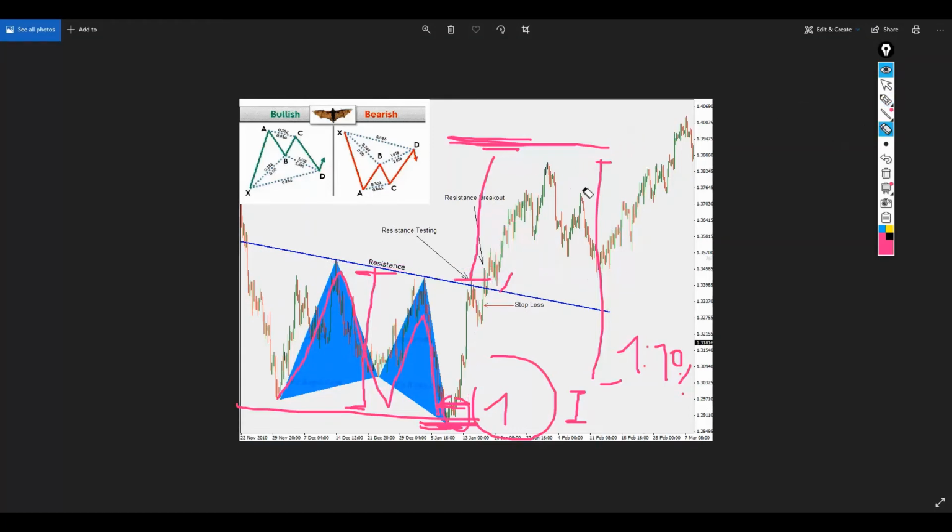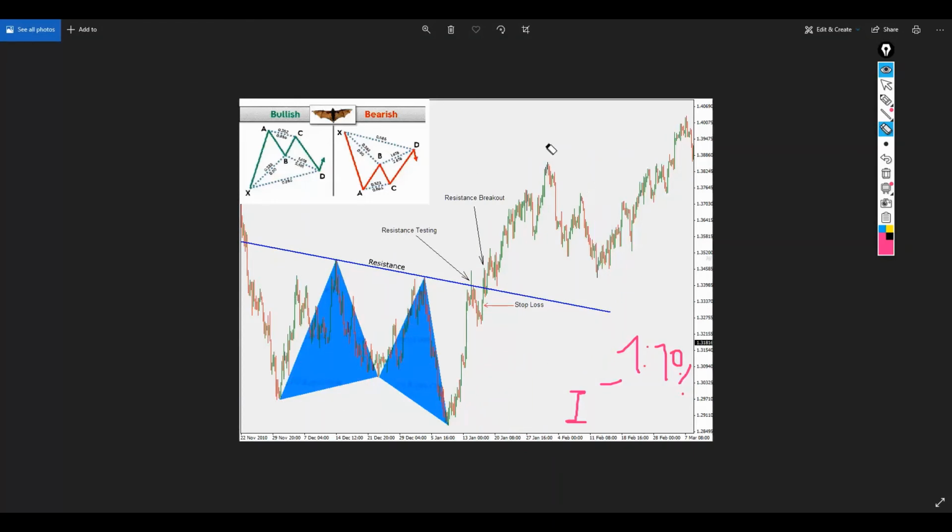So again, we get the pattern and the confirmation of the pattern. We confirm the pattern here, then we can enter the first entry here, because we know this is a bullish pattern. When it happens, especially at the end of an exhausted downtrend, we expect the market to go up.